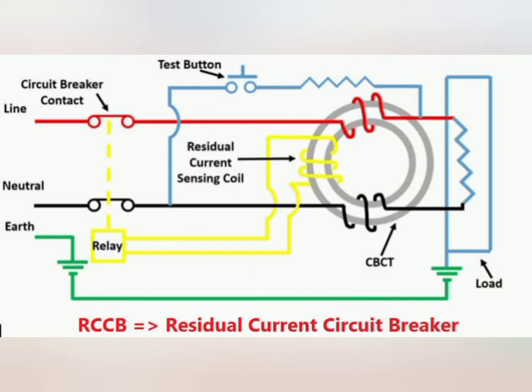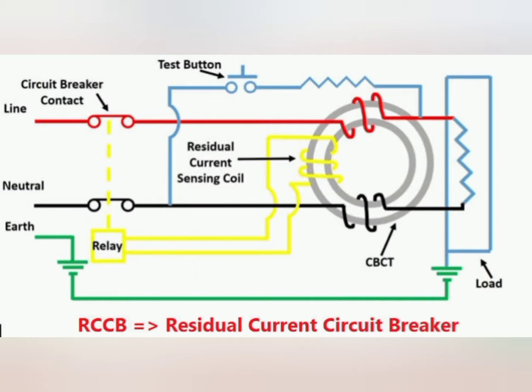Here we have line and neutral lines, which means line is the phase, then neutral. Both lines are connected to a tripping circuit, which means a coil. Then it goes to the load. As I said, the current entering and the current leaving should be the same, and here the reference earthing is taken.